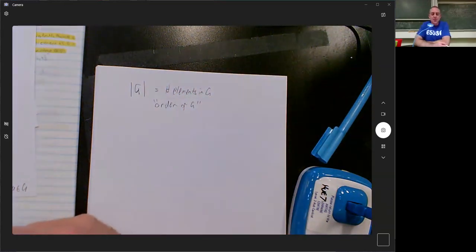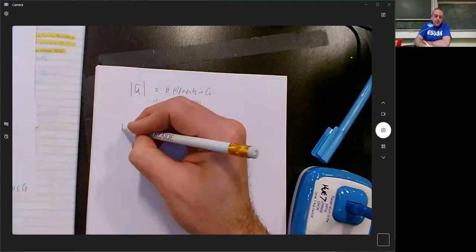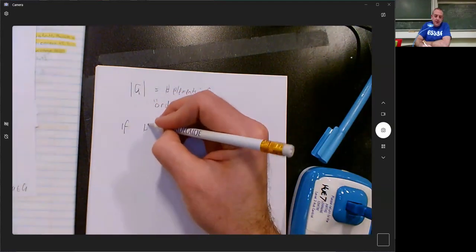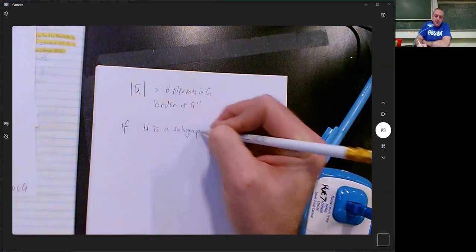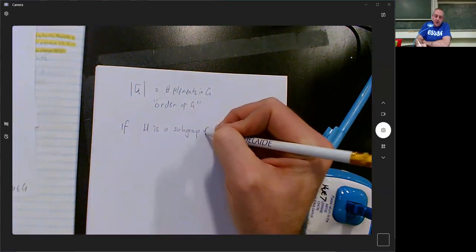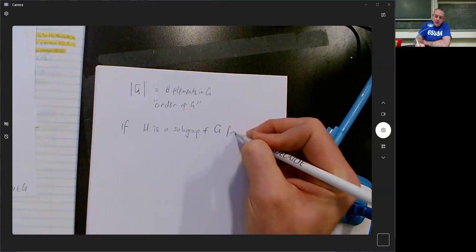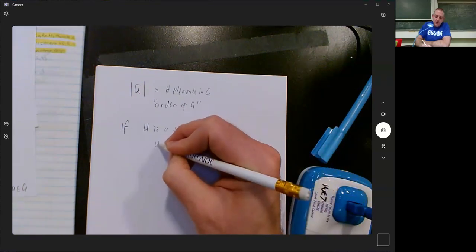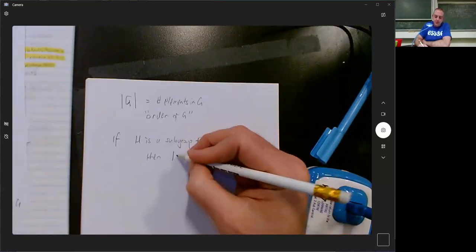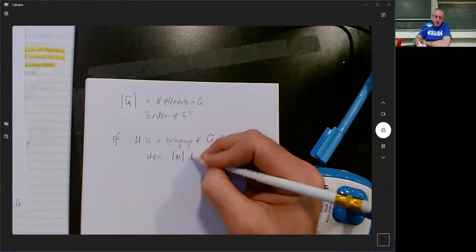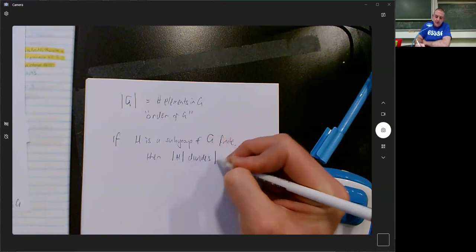Because in my head it's just the size of G, the number of elements that G has. And if H is a subgroup of G which is finite, then the order of H divides the order of G.